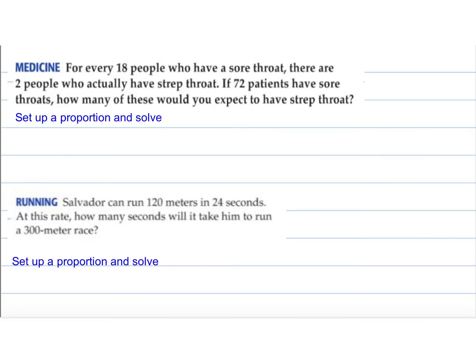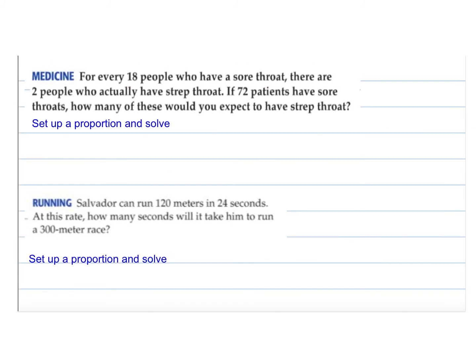All right, so we have, for every 18 people who have a sore throat, there are 2 people who actually have strep throat. If 72 patients have sore throats, how many of these people would we expect to have strep throat? So we're going to set up a proportion to solve it. So I'm going to look at the people who have a sore throat over having strep.